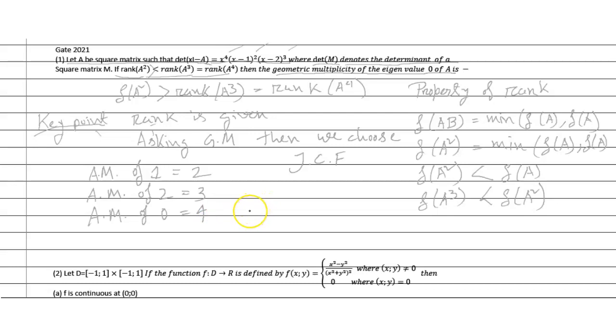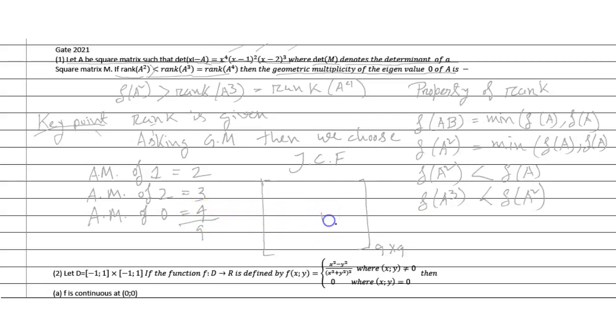So friends, our dimension here is 4 plus 3 plus 2, which is 9. So my JCF is a 9 cross 9 matrix, where AM of 2 and AM of 1 are 3 and 2.